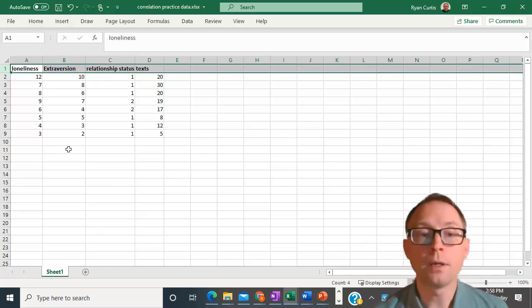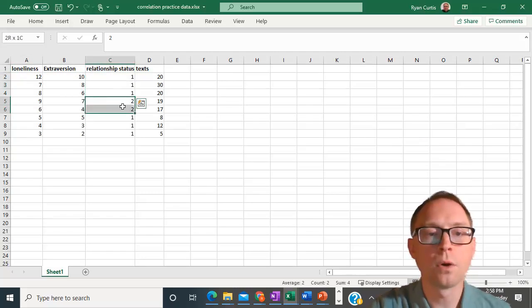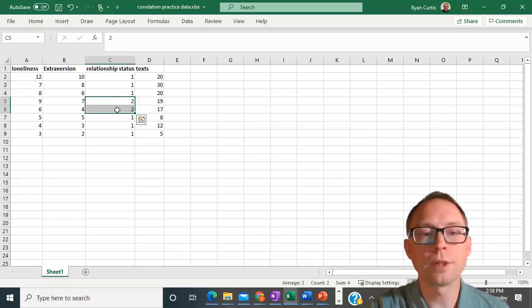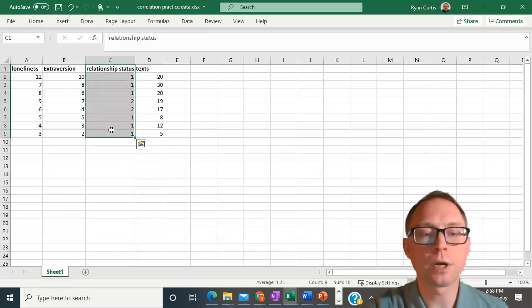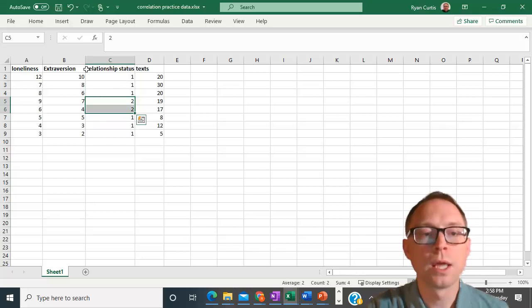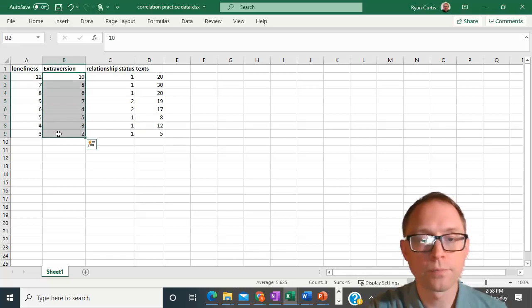That would be a t-test, because this relationship status right here, you're either a 1 or a 2. 1 is single, 2 is in a relationship. This would be a categorical variable. The categories are single or in a relationship. I just have them represented as 1s or 2s. And then I would check whether or not people who are in a relationship are more extroverted.